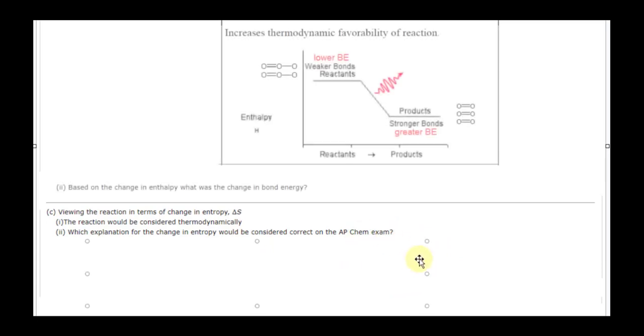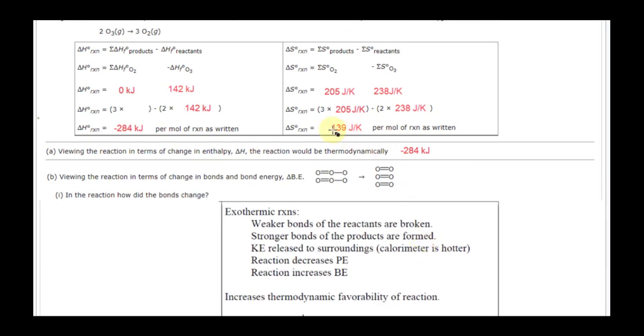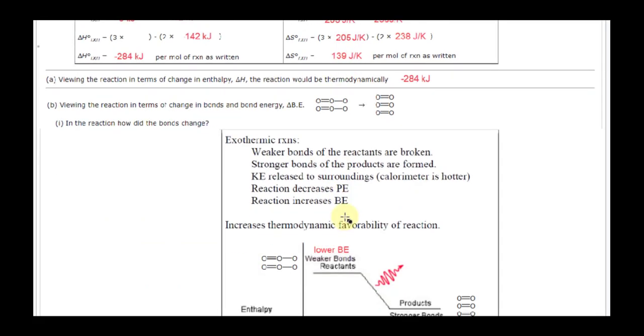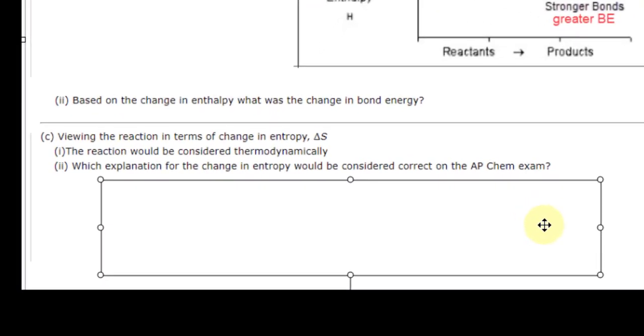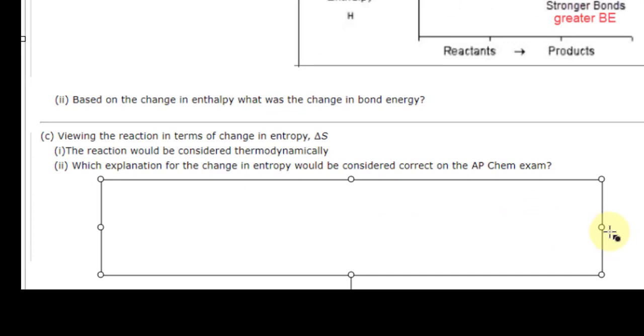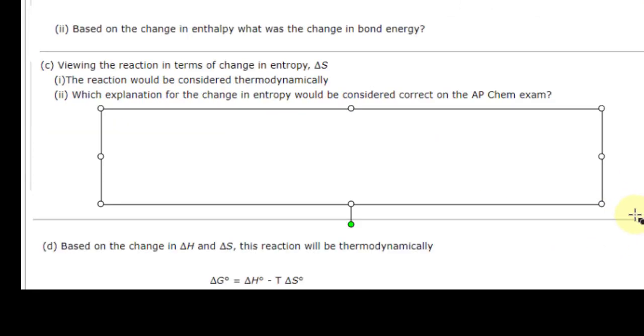So this is plus 139 joules per Kelvin. Yep, that's good. You have an increase in entropy, which is thermodynamically favored.